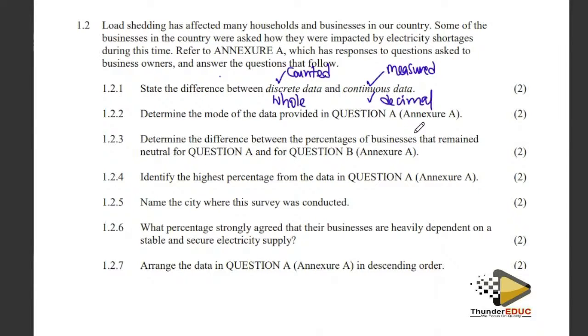All right. Determine the difference between the percentage of businesses that remained neutral to question A and for question B. We are looking at the difference, so we shall need to subtract. So we're going to subtract values in A and the values in B. We are looking at the percentage of businesses that remained neutral.